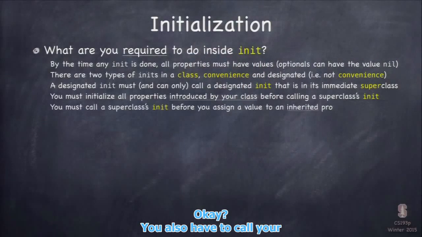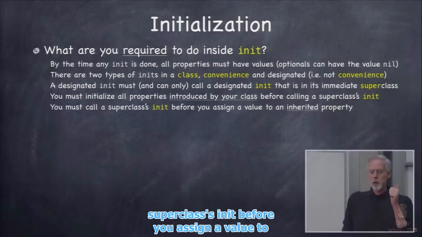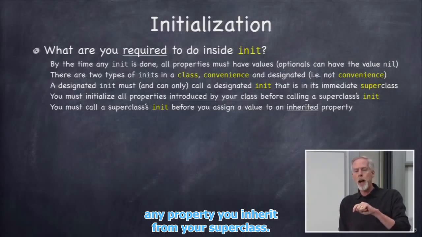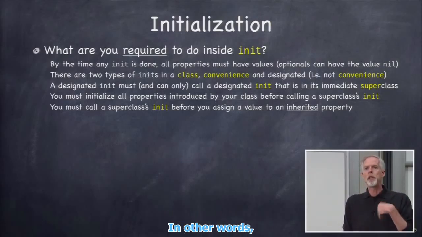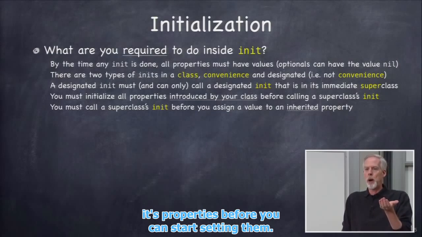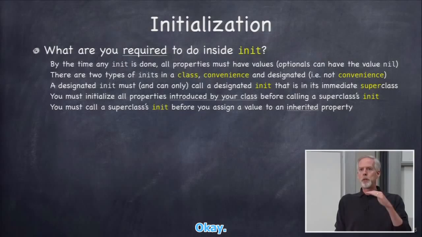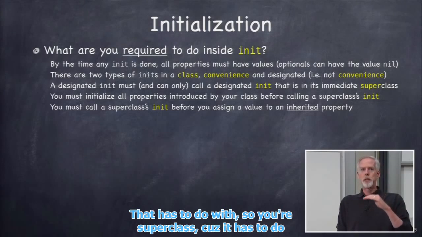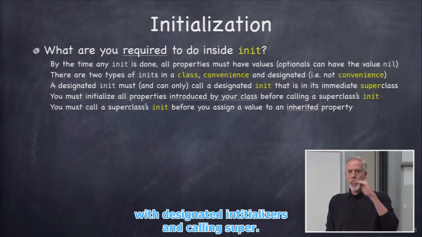You also have to call your superclass's init before you assign a value to any property you inherit from your superclass. In other words, you have to let your superclass initialize its properties before you can start setting them. So you get those 3 rules. That has to do with designated initializers and calling super.